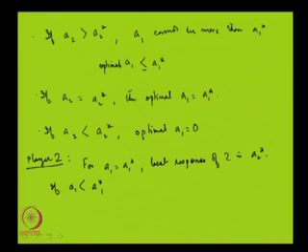Now, for player 2, what is the payoff function of player 2? Payoff function of player 2 is the following, that given A1 is less than A1 star, he will get the compensation. If he gets the compensation, his payoff is minus A2, and this happens if he is careful, that is A2 is greater than or equal to A2 star.